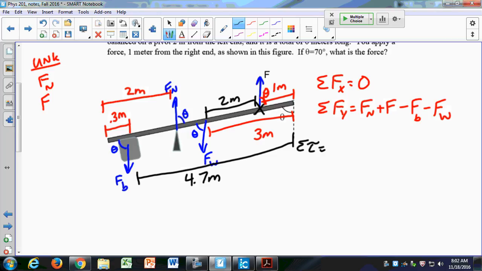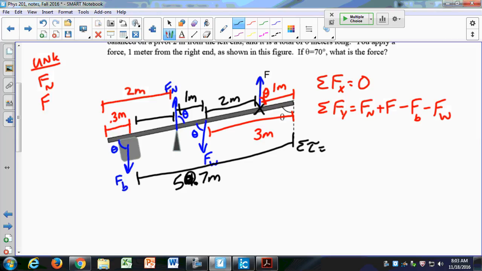Yeah, it should be 4.7 because that's 3 meters. This is 1 meter, and then this is 0.7 meters. Or no, this is 1. Yeah, you're right. It is 5.7. Yeah, 5.7. All right.